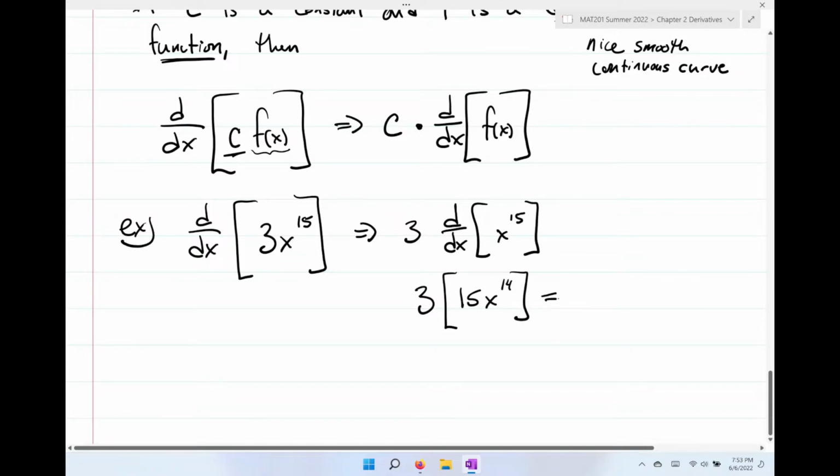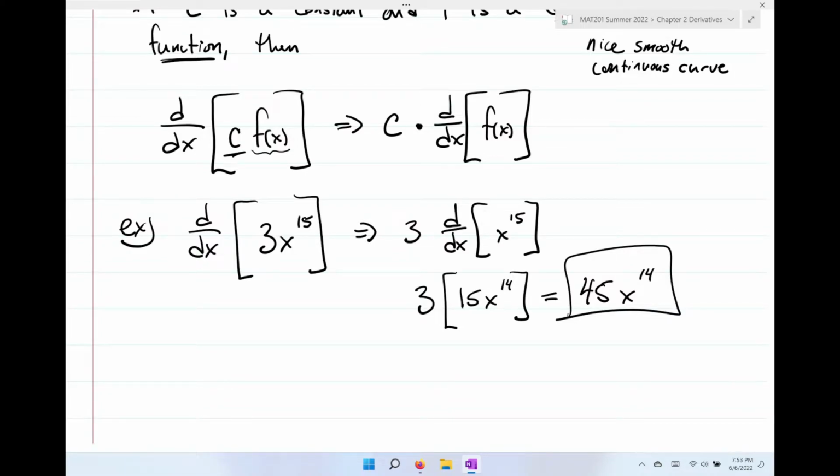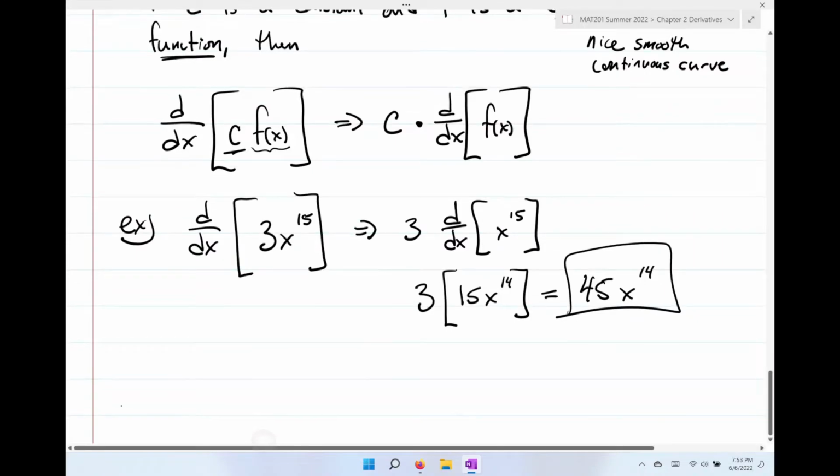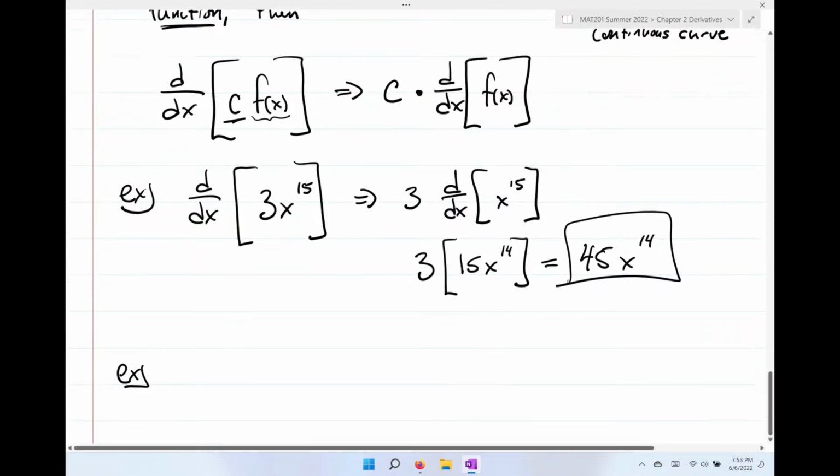And then finally, take 3 times 15, which is 45x to the 14th. So that is what our derivative would be. So when you look at it, it's not that bad, okay? If you want to, you can pull it out front, find the derivative of the function, and then multiply.